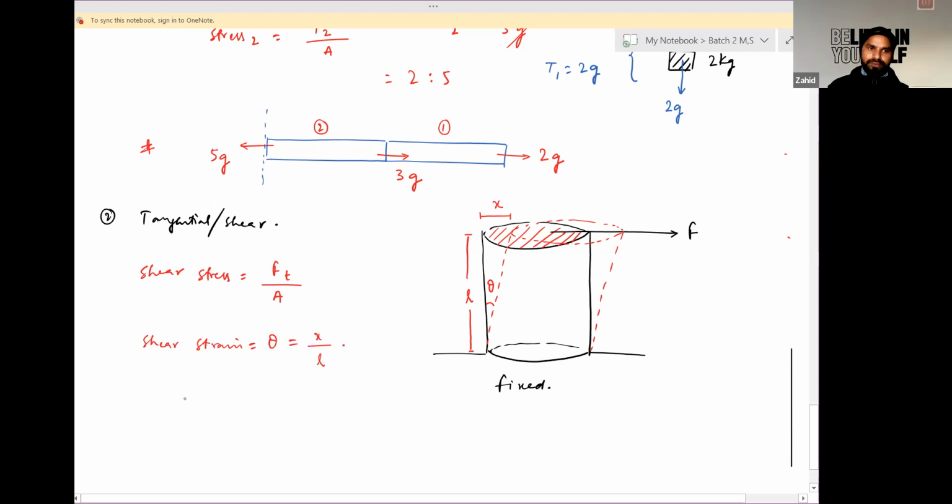And the ratio of these two terms, which is the modulus of elasticity, in this case is called shear modulus, which equals the ratio of shear stress and shear strain.